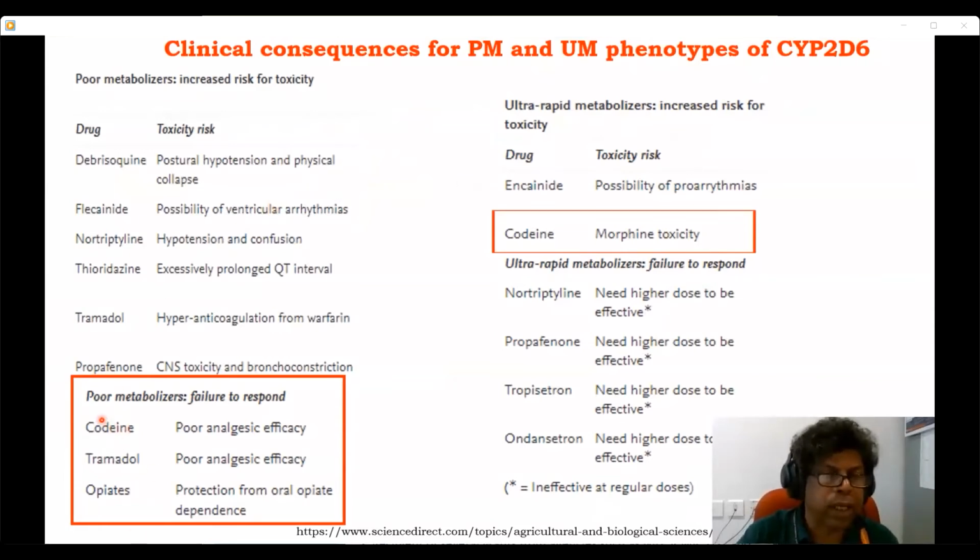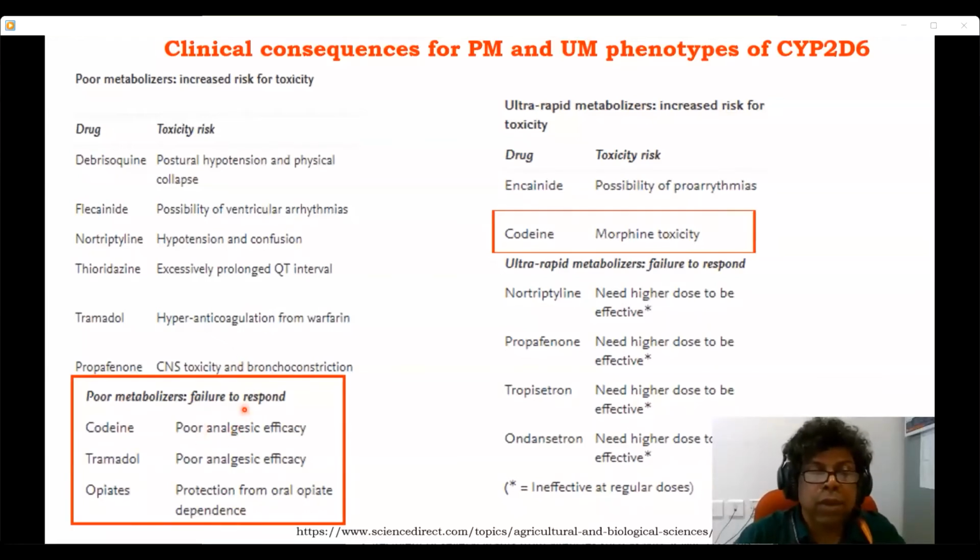Now, if you look here, in the case of codeine, if it is a poor metabolizer, failure to respond, poor analgesic effect. So you give just the drug, there is no outcome in terms of what you are expecting. Similarly with tramadol and also opiates, these are the three drugs in a poor metabolizer. So you may not find a better therapeutic outcome.